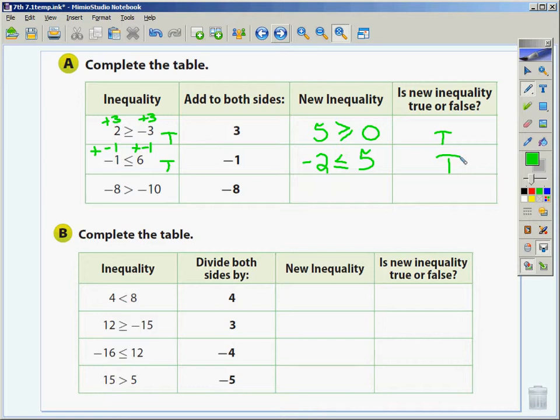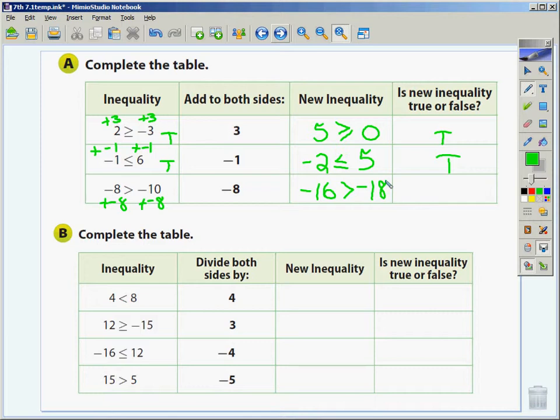I'm adding a negative 8 to both sides. What's a negative 8 plus a negative 8? Negative 16. And a negative 8 plus a negative 10. Negative 18. They both are negative, so I'm going to add them together.